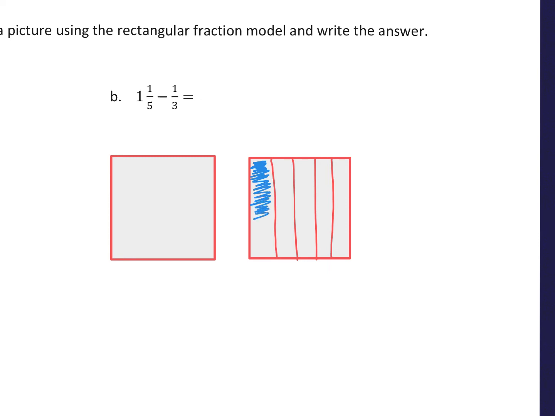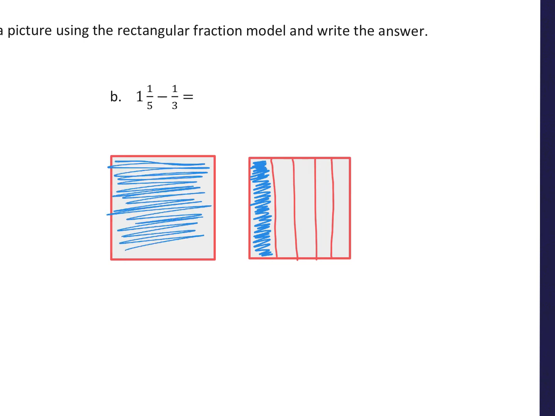And so here we see 1 and 1/5, right? And I got to also fill in this too, because that's one whole. Right now, it's going to be easier if I put these all in fifths, so I'm going to split this up in fifths as well.